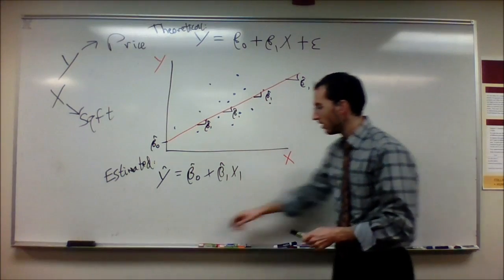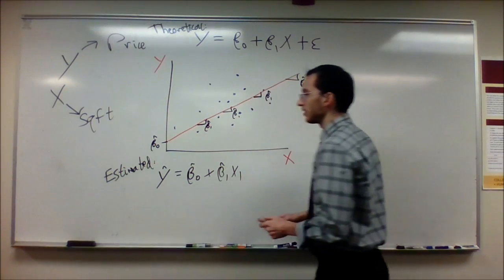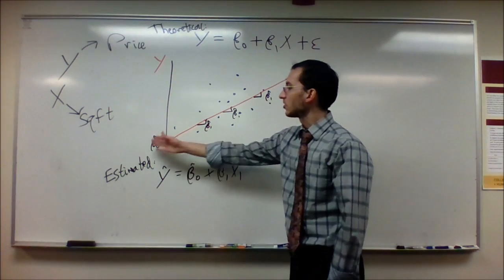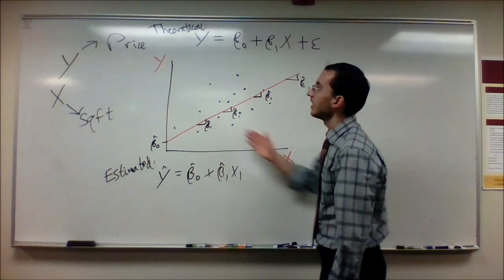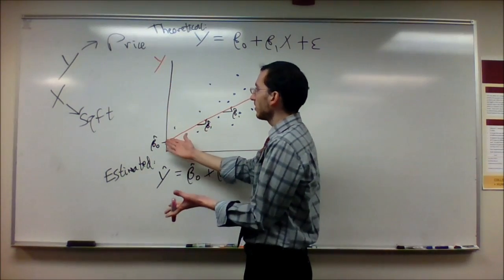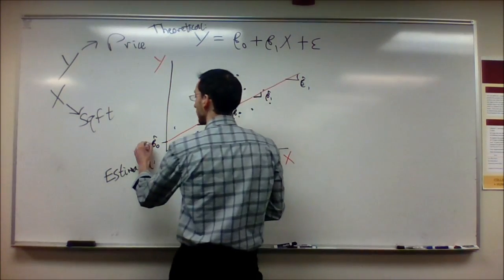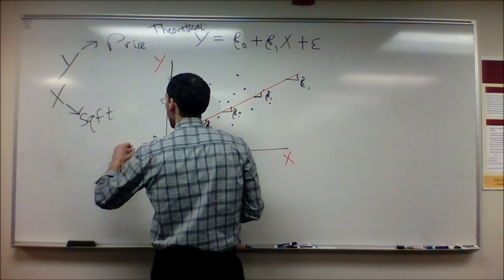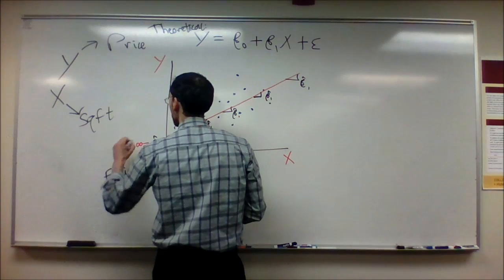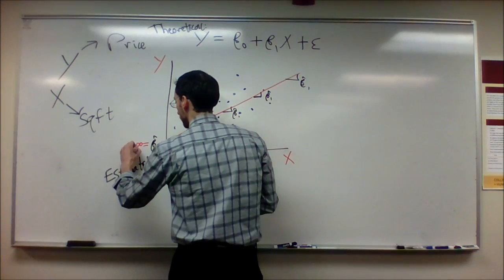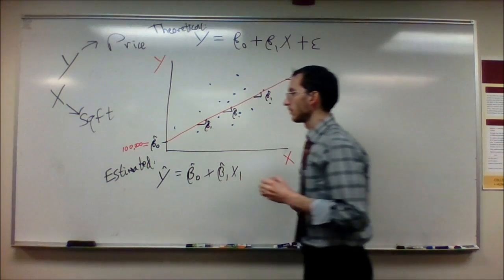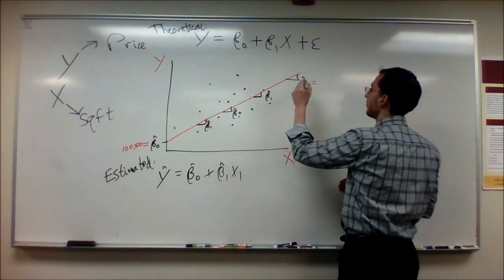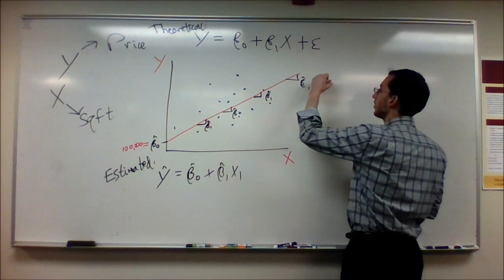So for example, I could put in some fake numbers and say, let's say that this is square feet and price, and let's say that my intercept here is, say, 100,000. And let's say that this line had a slope of 150.